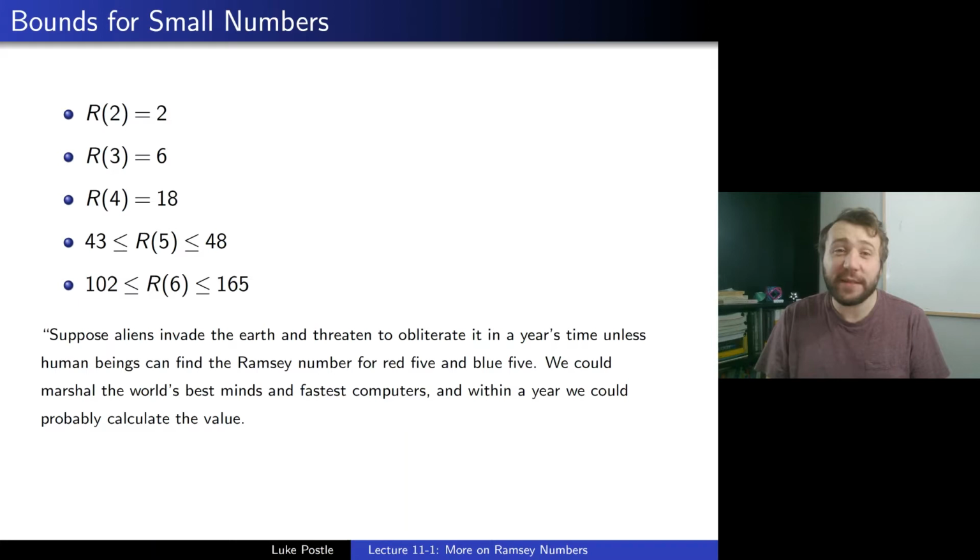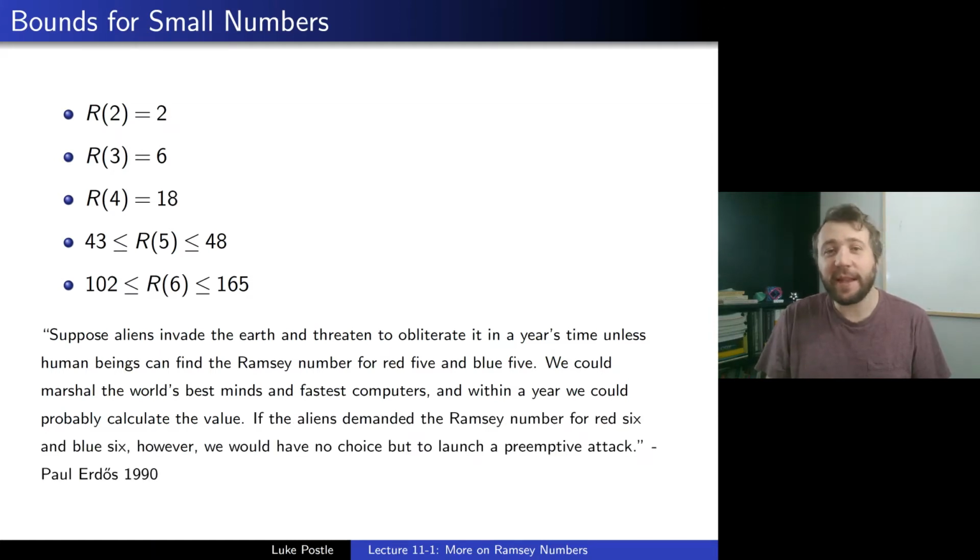So he's suggesting R(5) isn't impossible if we used all of the world's resources and computing power. However, he said, if the aliens demanded the Ramsey number for red 6 and blue 6, or R(6), we would have no choice but to launch a preemptive attack. It would be very hard; our best bet would just be to defeat the aliens.